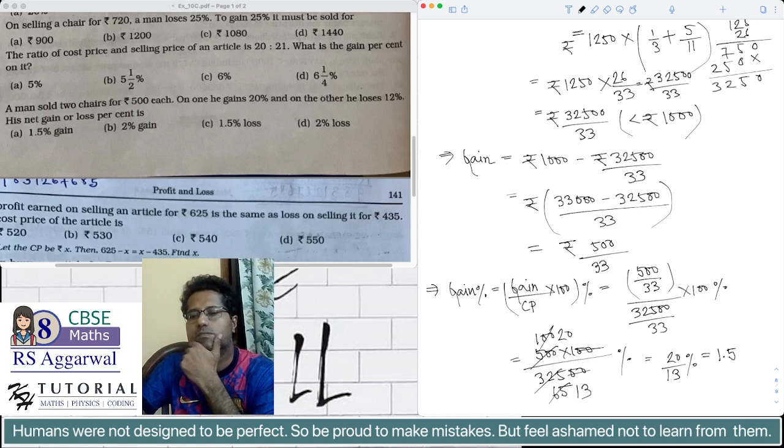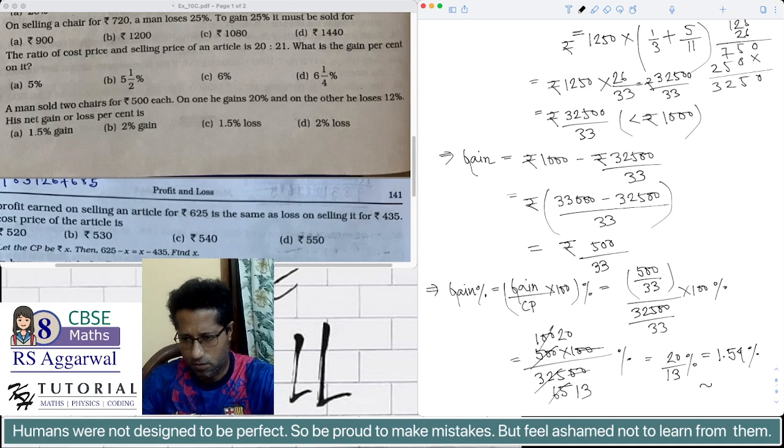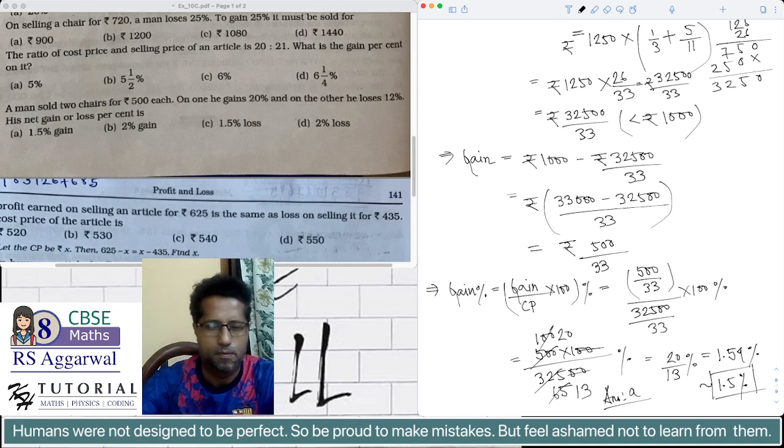It is coming 1.54 percentage. Exactly 1.54 percentage is not there, so I will assume it is 1.5 percentage. So the correct choice is A. A is the correct choice.